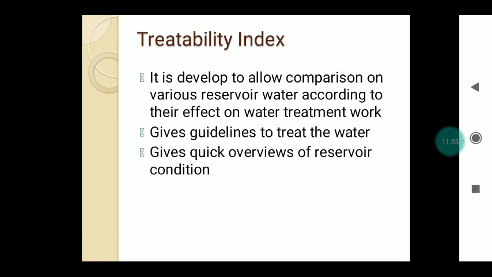From the treatability index we can find out the quality of that particular reservoir water, and it is used to determine whether the water is potable or usable for drinking purposes or not. That's why the treatability index is very important.